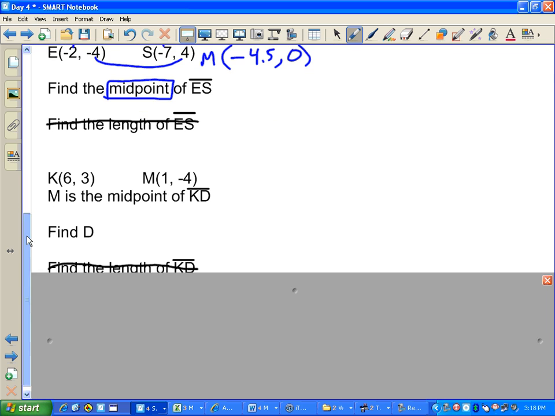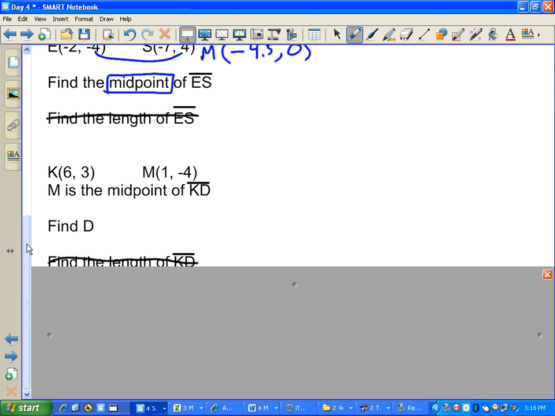Okay, let's say I want to find another endpoint. So this is the counting one. I'm going to look at my movement. To get from 6 to 1, I had to subtract 5. If I subtract 5 more, that's going to put me at -4.